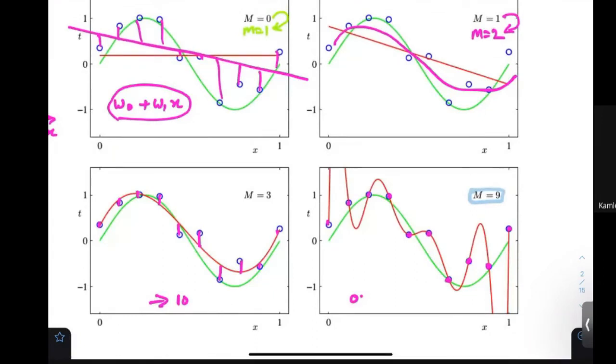Let's assume that I wanted to find out the prediction for this x. For this value of x, the actual value was this, and my model was also going to tell this, so my error was 0.